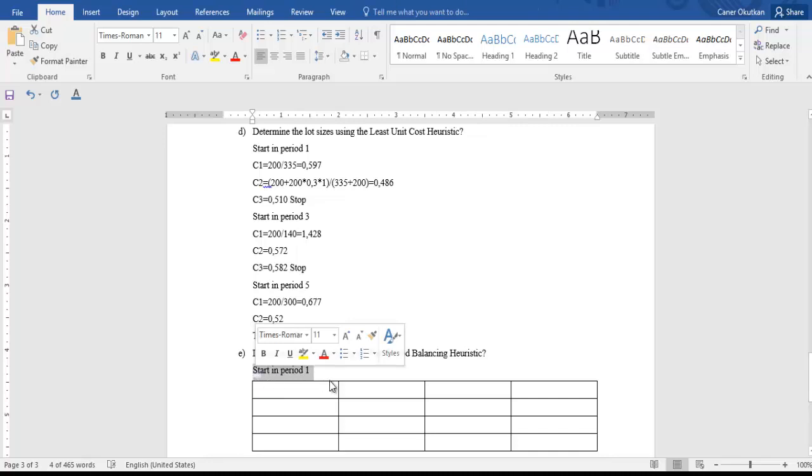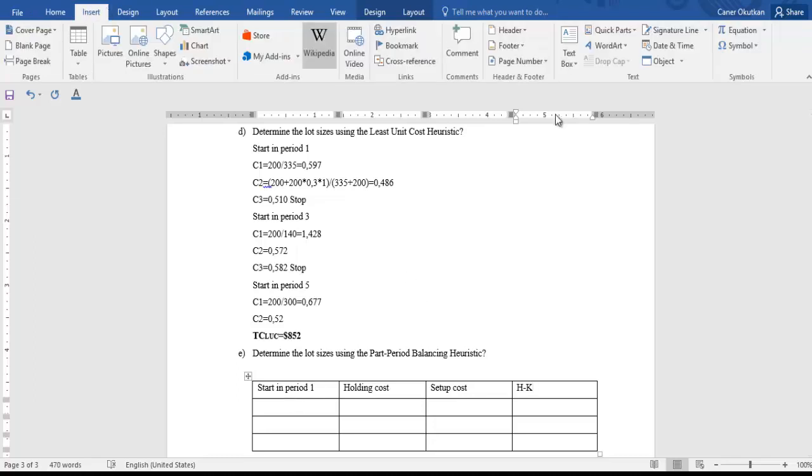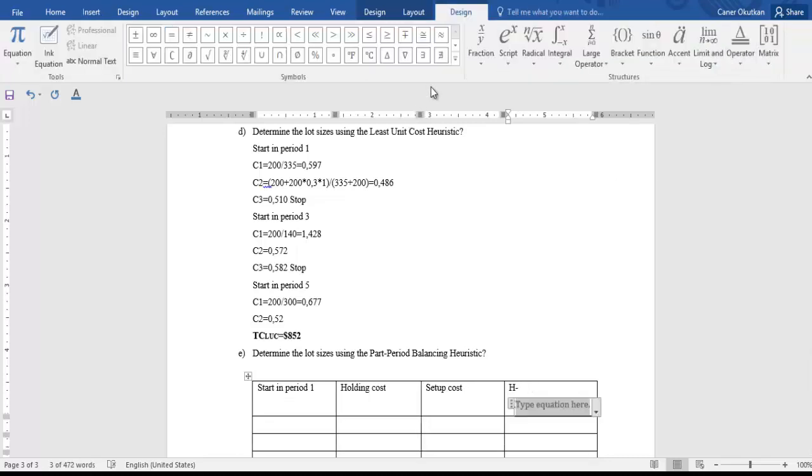So I write here start in period 1, holding cost, setup cost, and different holding cost and setup cost, but we use in this difference of cost, absolute difference. Here is absolute formula.